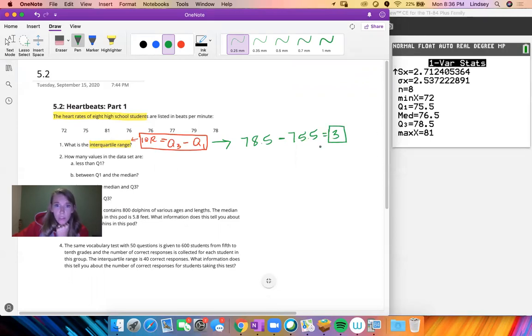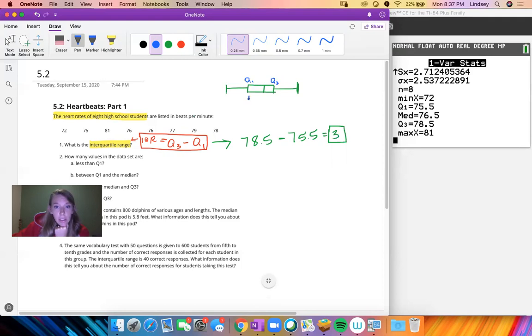So who cares? What does that even mean? Well, if you think back to what a box plot looks like, this is a rough sketch. Here's my Q1, here's my Q3.